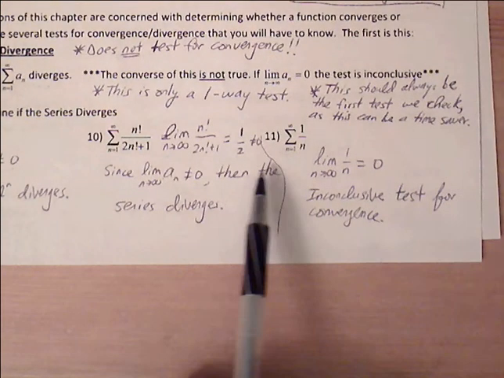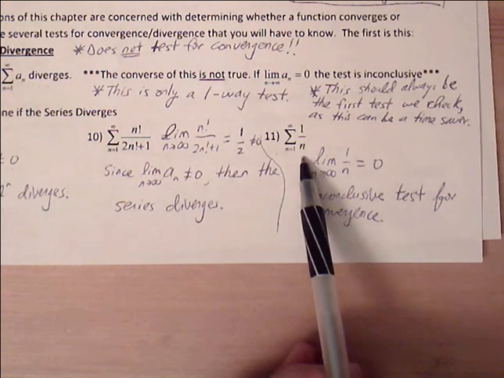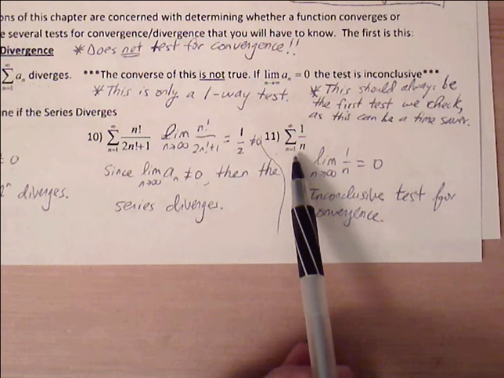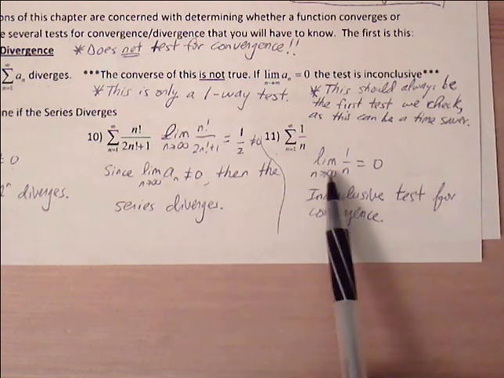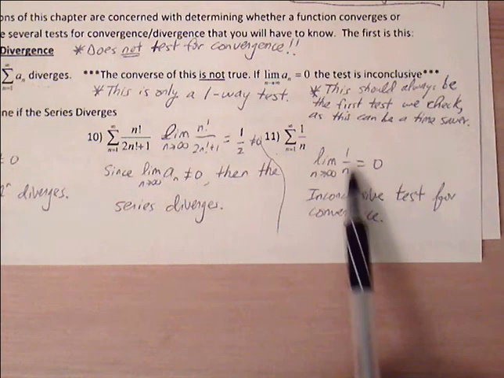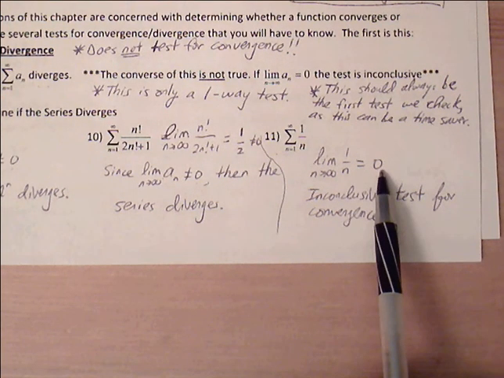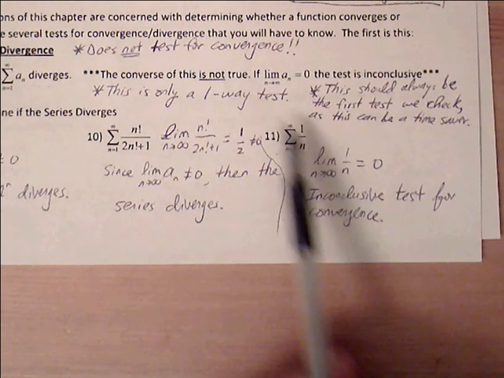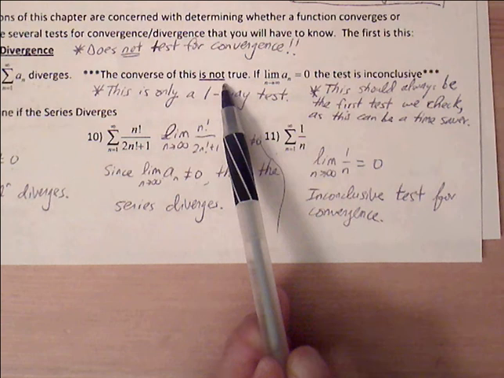All right, the summation of 1 over n as n approaches infinity. Here, we find the limit as n approaches infinity for 1 over n. Now this limit does equal 0. However, what do we say? That the converse of the nth term test for divergence is not true.